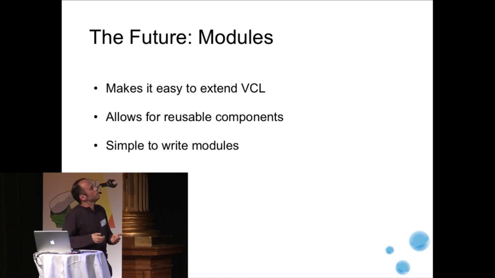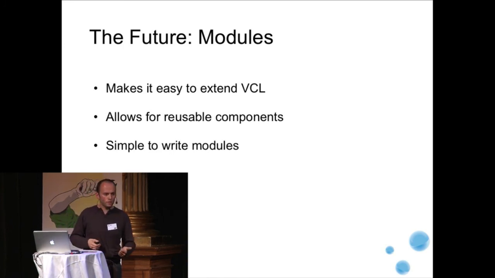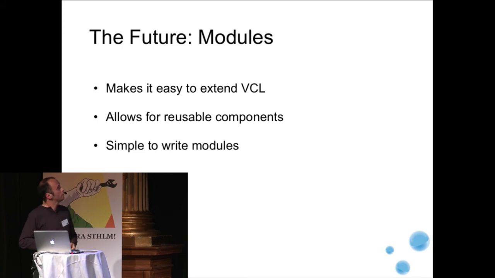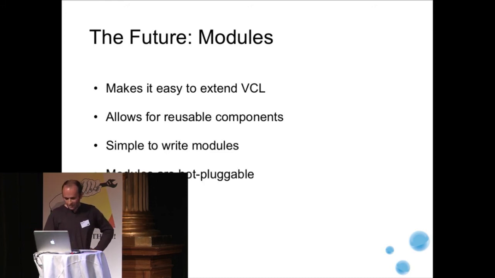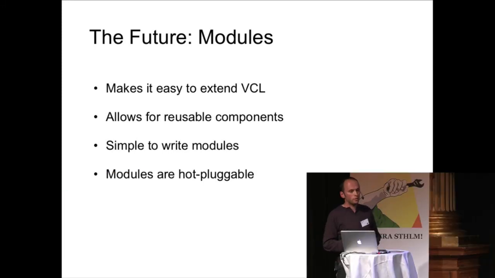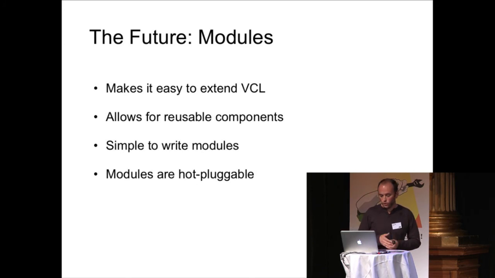And I talked to the guy, and he told me it took from when he started reading the documentation until he had a running module that integrated Varnish with Redis 3 hours. Now he himself told me he's an awesome C programmer. I promise to warn people that it might take a bit more time if you're not an awesome C programmer. The modules are hot pluggable, as everything is in Varnish. So you can plug in the module while Varnish is running.